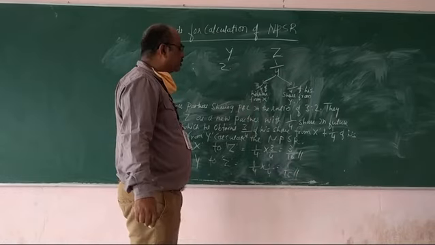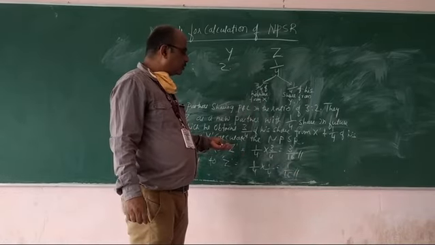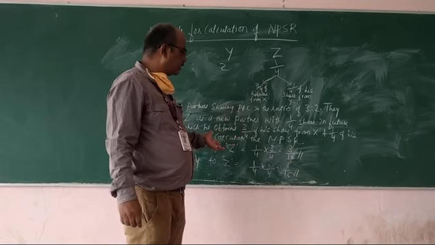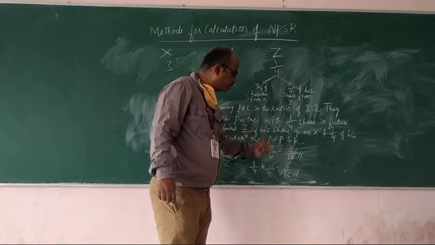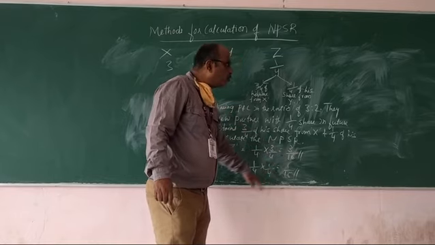So now what you are supposed to do? You are supposed to do as you have done in the second method, that is directly subtract 3/16 from X's share and 1/16 from Y's share.